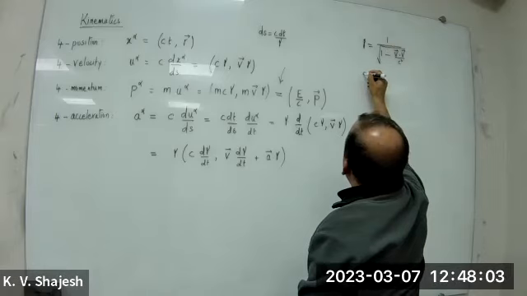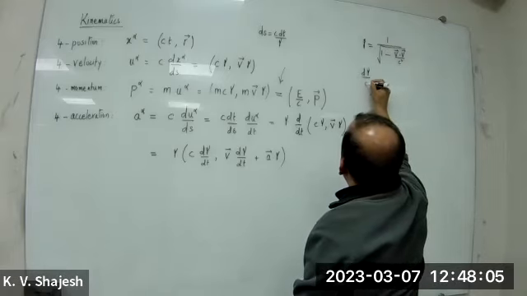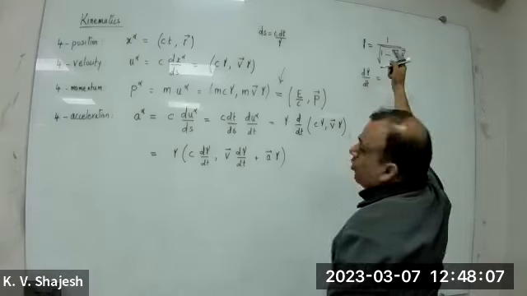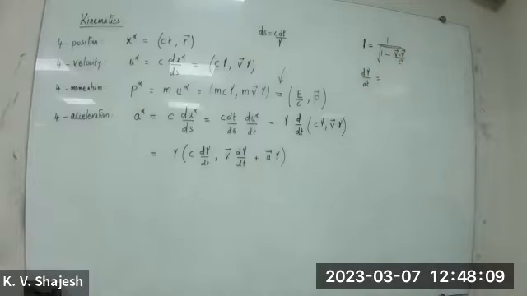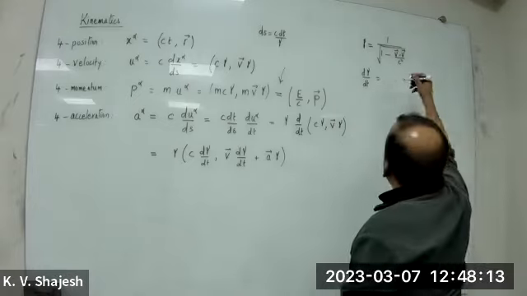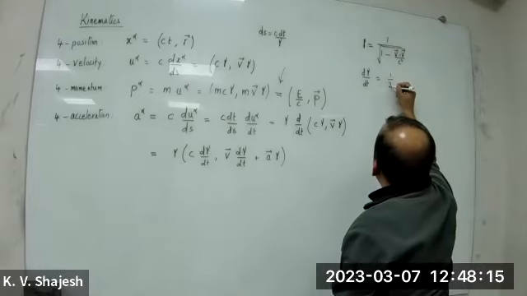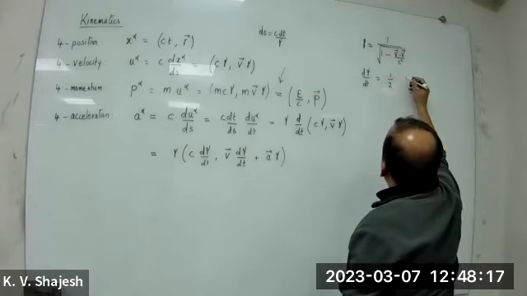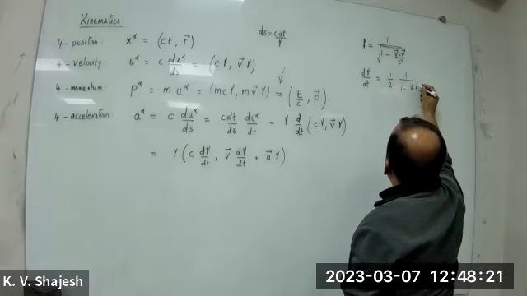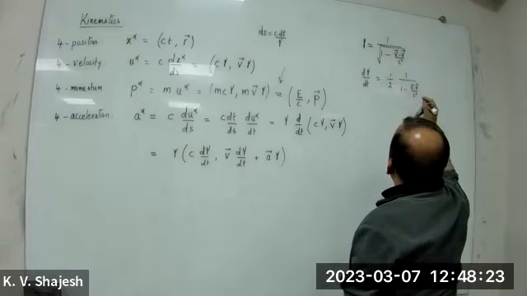If I'm taking the time derivative of gamma, the only place where the time derivative hits is the velocity itself. So it is 1 by 2 times 1 over 1 minus v dotted with v over c squared.